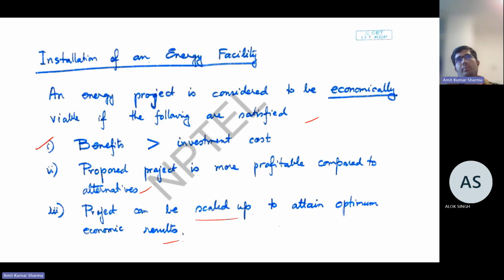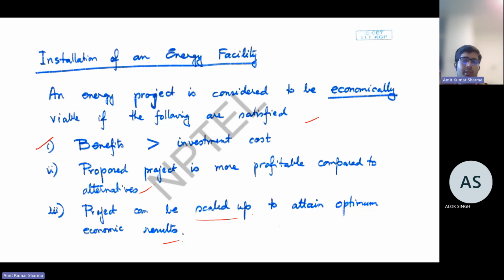Suppose your project should be able to go up to megawatt scale, because whenever a new technology comes up, first of all, the technology will be at a very early stage in theoretical development. Then the technology goes to the lab scale. Then from lab scale to bench scale. Okay.